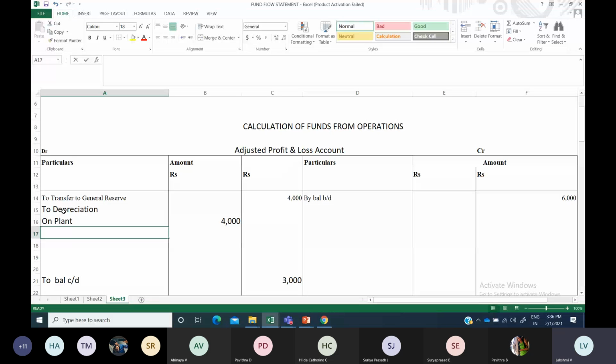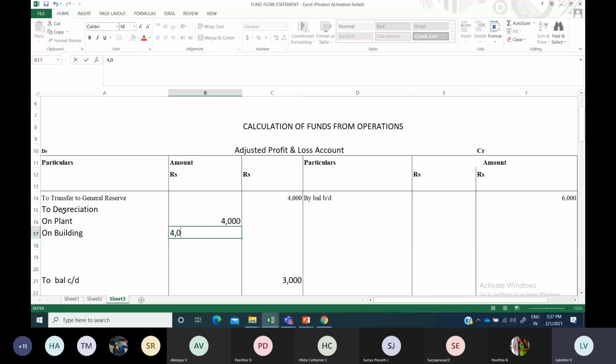If you add both these up, it will become 8,000. So either you can show them separately, two depreciation on plant 4,000 and two depreciation on building 4,000.